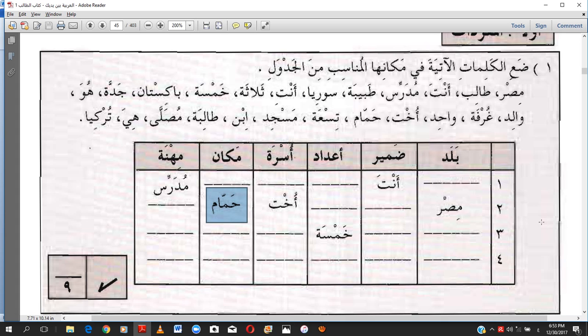Do they have those hammams over there in Egypt, where you go and wash up? They have them. I've never seen one before. I think Morocco is famous for them.